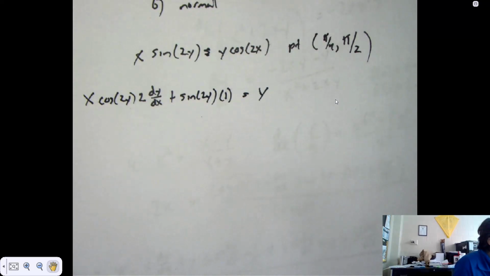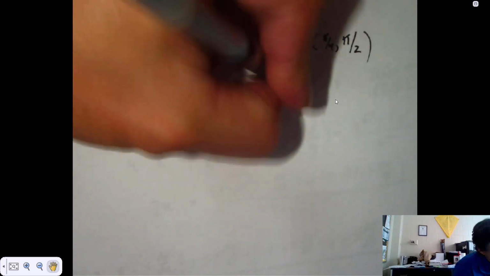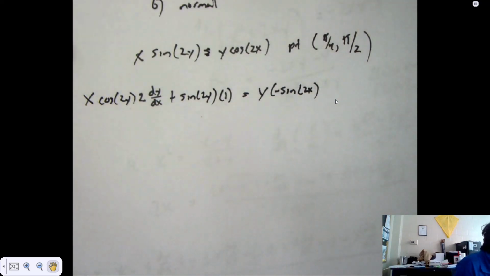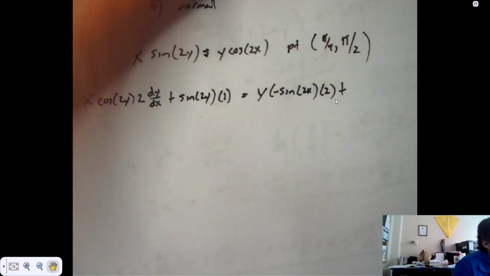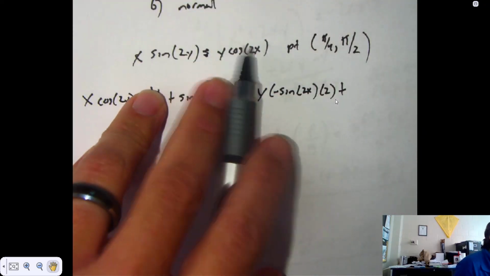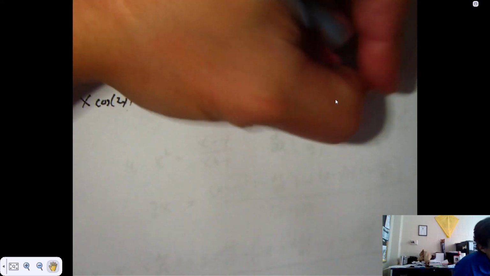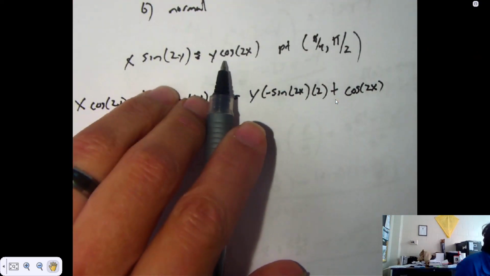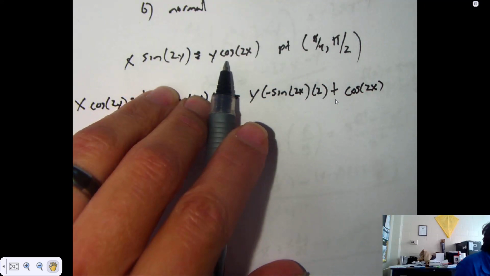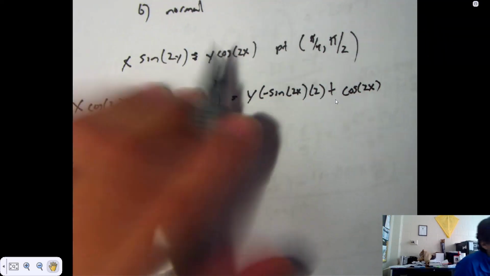Derivative of cosine is negative sine 2x, and there's more than just an x in there, so you have to take the derivative of twice x, which is 2. Plus, now I'm going to write the second one down, cosine of 2x, but I'm going to take the derivative of the first. Derivative of y being dy/dx.